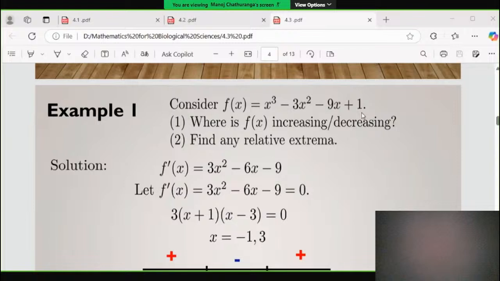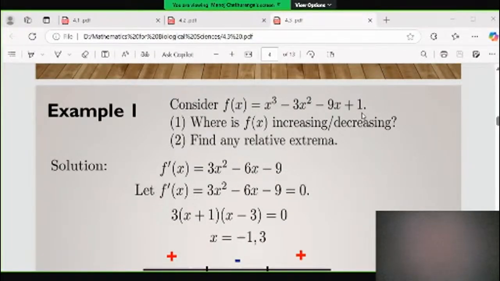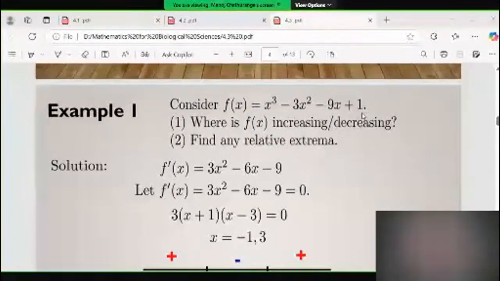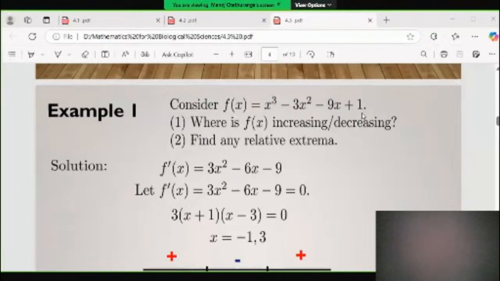Now, if you look at the function, it is a cubic function. In our O-level classes, we learned sketching graphs of quadratic functions using a table. You substitute some numbers, plot those points on the graph sheet and join them by a smooth curve.